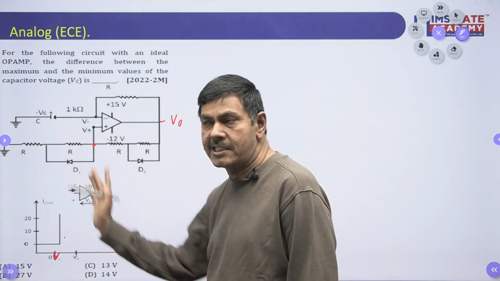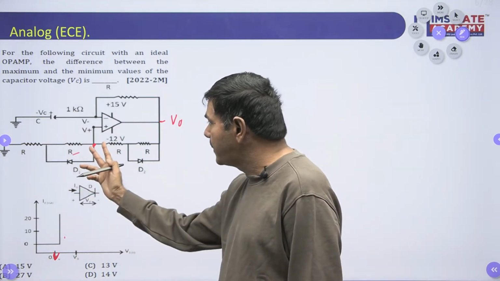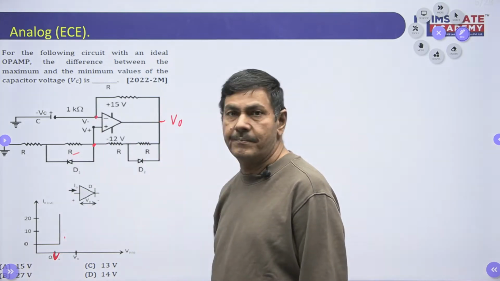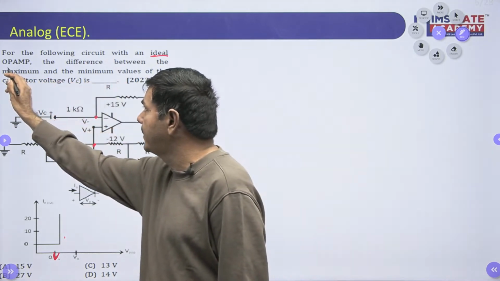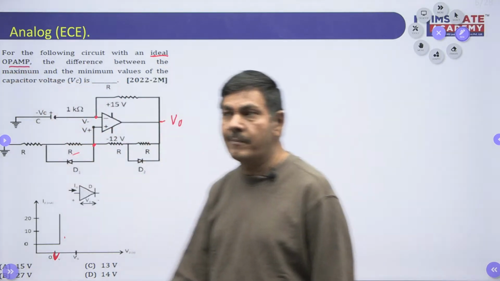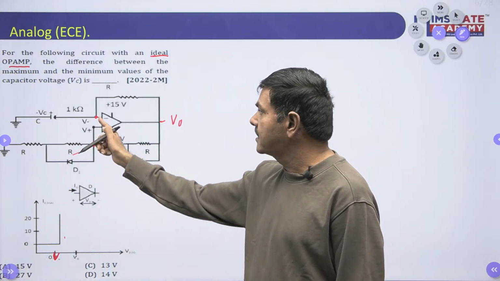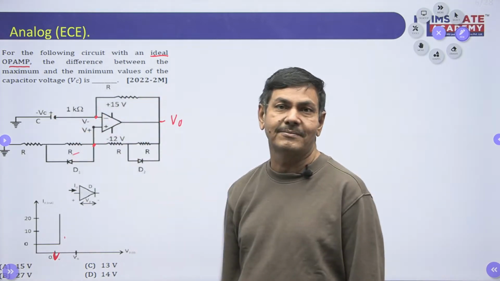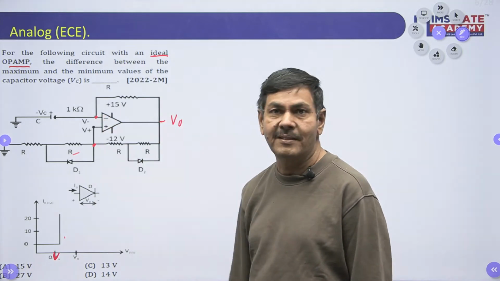V plus and V minus are the same because it is an ideal op-amp. V plus is nothing but the voltage across the capacitor.